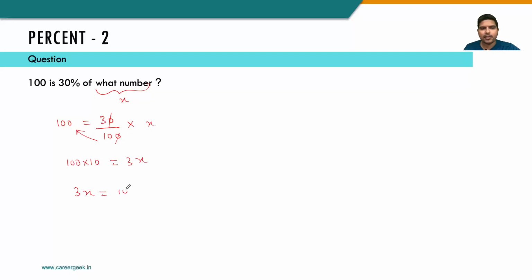So 3x is 1000, or X is 1000 upon 3, whatever is the value. This is how you can easily find out the unknowns. If C is A% of B, C is equal to A upon 100 into B.